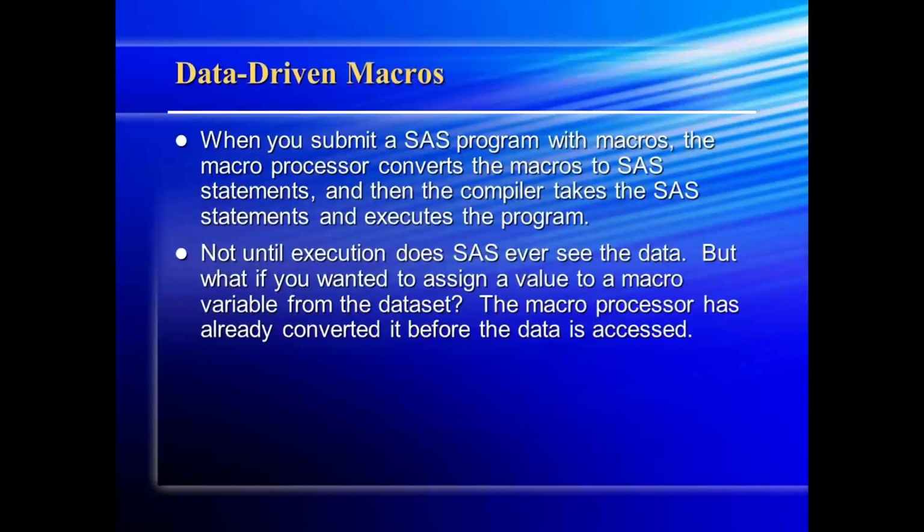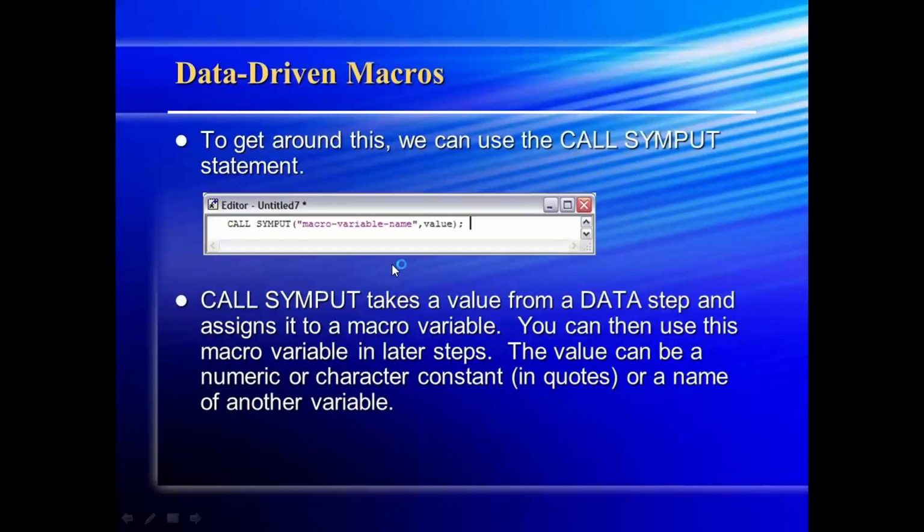Fine. And one other point is what we call a data-driven macro. In the previous example, if sysday equals Monday, then proc print. If sysday equals Tuesday, proc means, and so on. Generally, in SAS programming, we learned that if a condition is given, then certain action has to be performed.